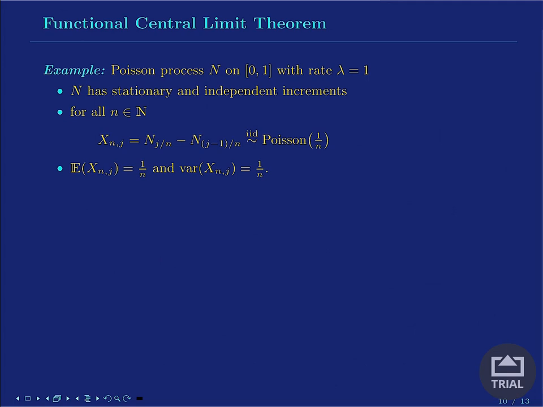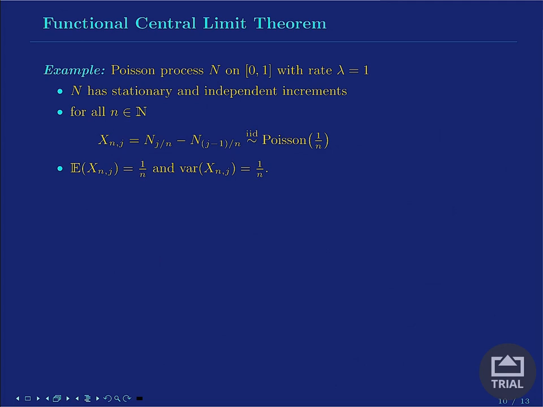So we have here the random variables x_nj, which is an increment of this Poisson process over an interval of length 1 over n, and that is then Poisson distributed with parameter 1 over n. So the mean of these random variables is 1 over n, and the variance as well is 1 over n. That is, these are the mean and variance of a Poisson distribution with parameter 1 over n.